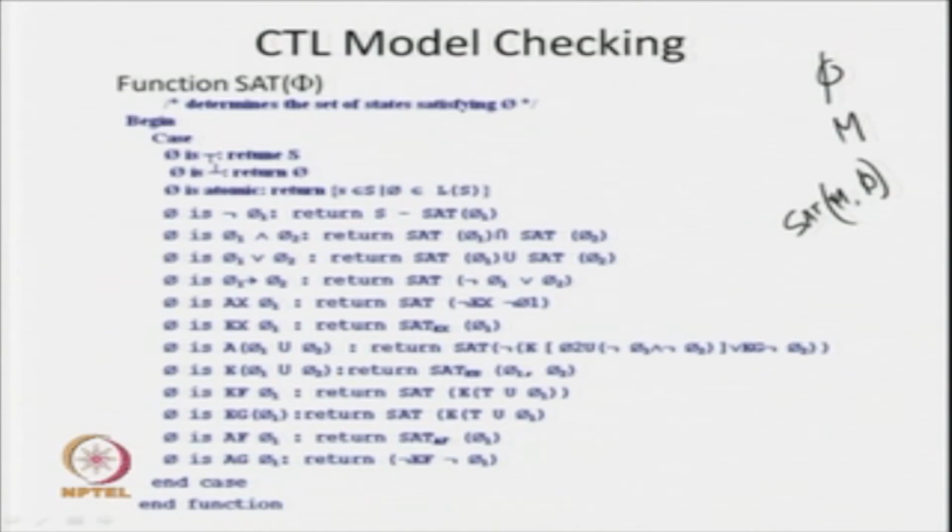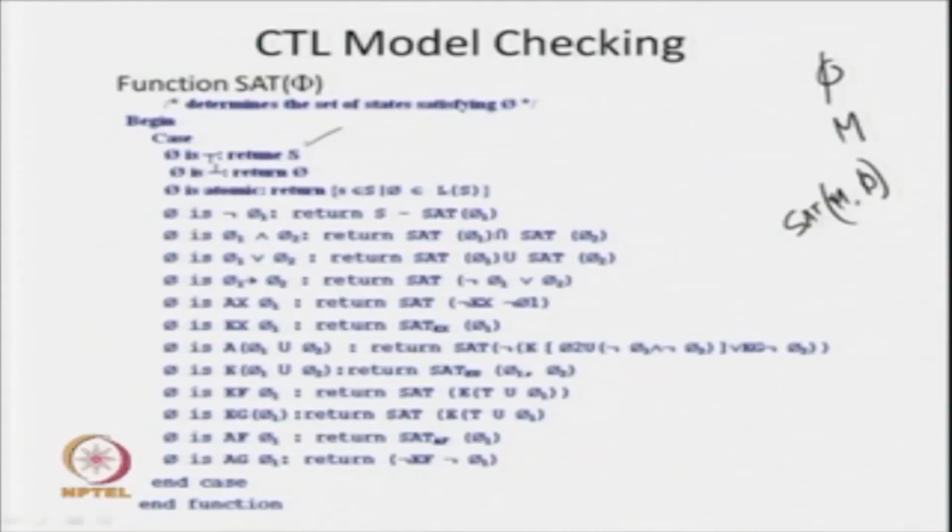Now, in this particular case, as per the semantics of this CTL formula, what happens? We know that all states will be labeled with the root value true and none of the states will be labeled with the root value false. So, if phi is true, then it is going to return the complete state space S, because true is true everywhere.